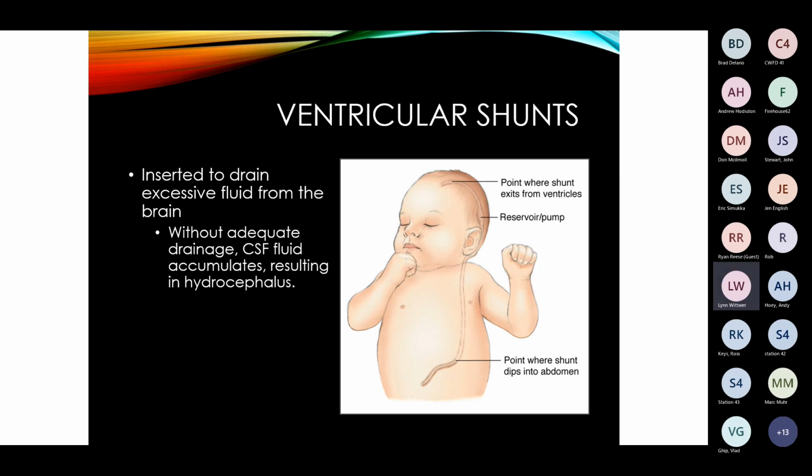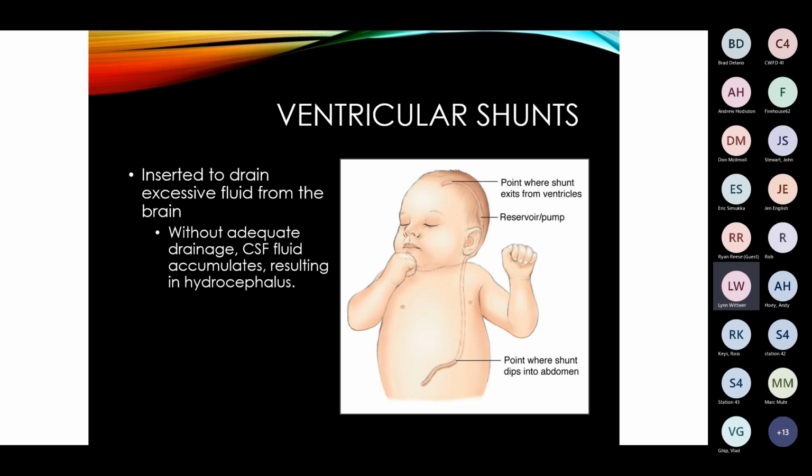Without adequate drainage, the fluid accumulates and the pressure increases in the brain, and the kid will get the symptoms of hydrocephalus, which will be altered level of consciousness, possibly some irritability, some somnolence, not feeding and acting normally.